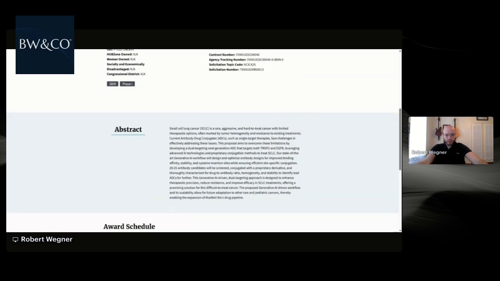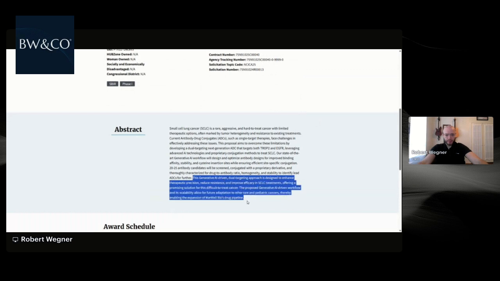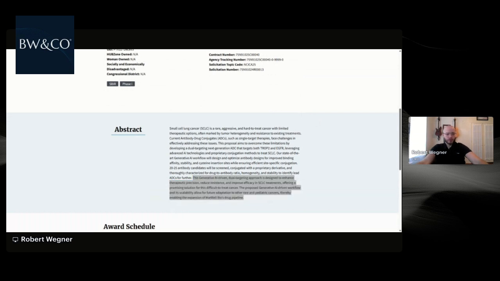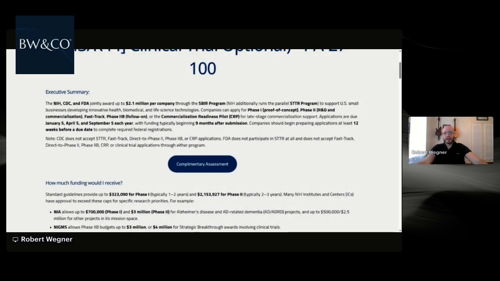And generally speaking, you'll find their specific aims kind of in the lower third of the abstract. And so this is generally speaking what they were trying to accomplish during the scope of work that was funded. So you can use this to be able to identify what your feasibility aims should be. And if they're similar, then my encouragement to you would be to apply for phase 1 or at least target that.